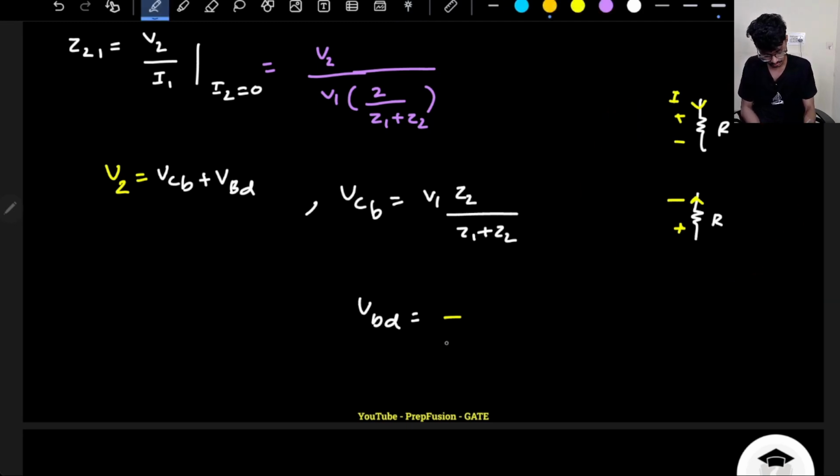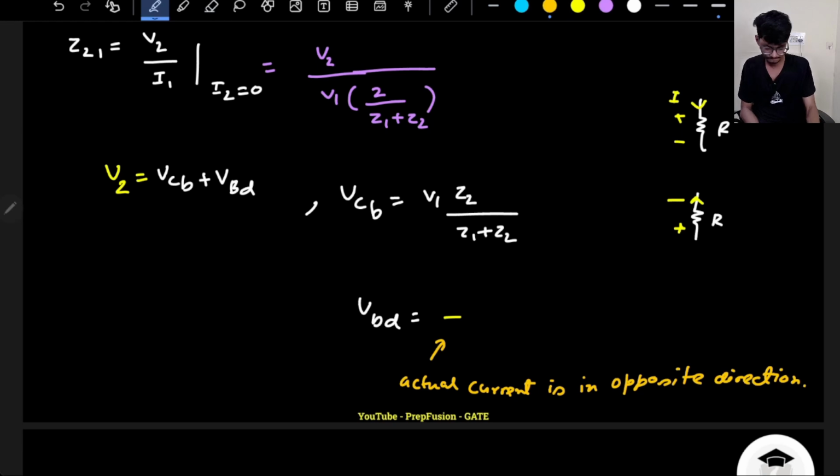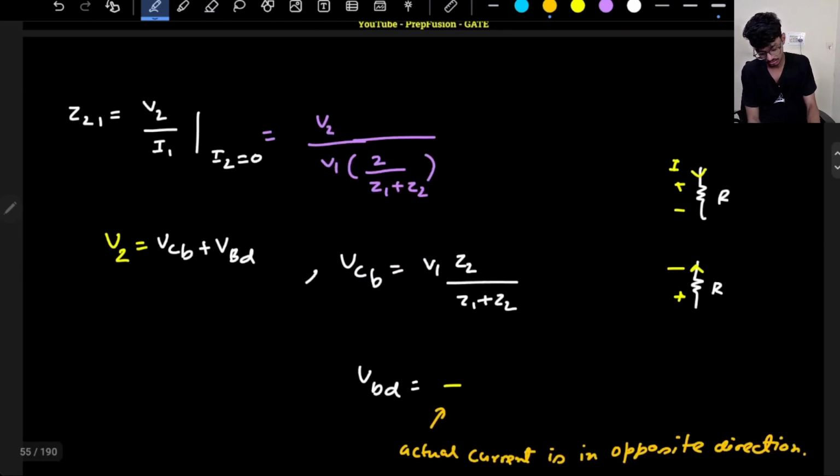Actual current is in the opposite direction.